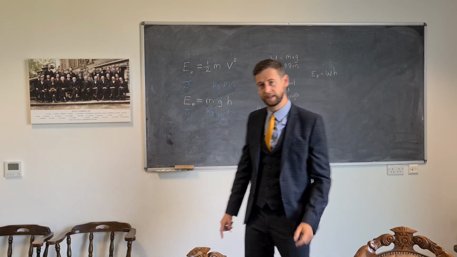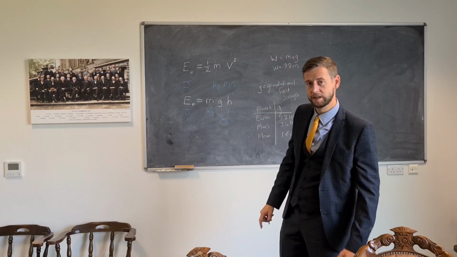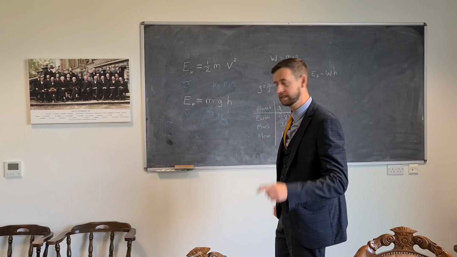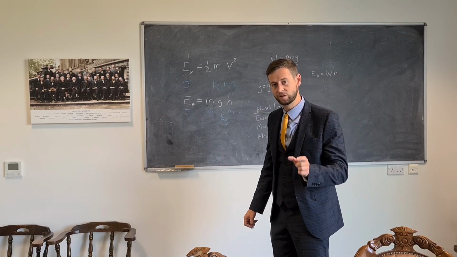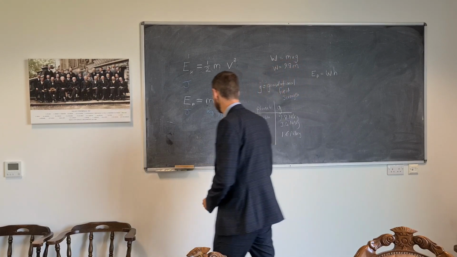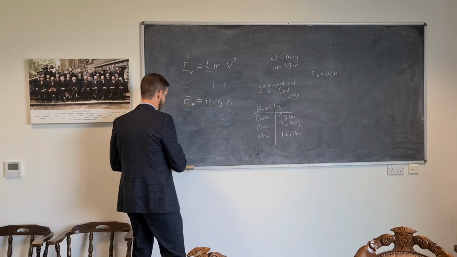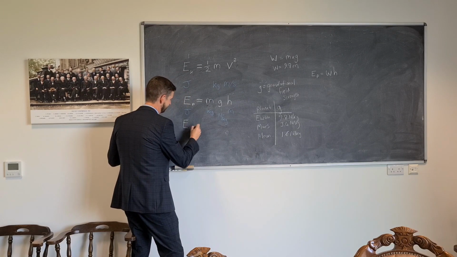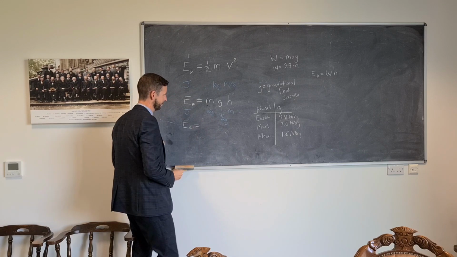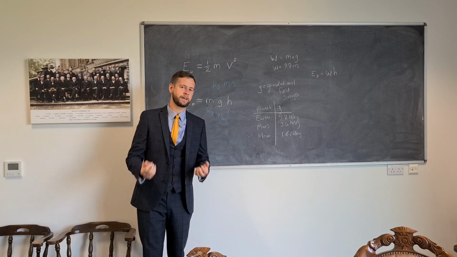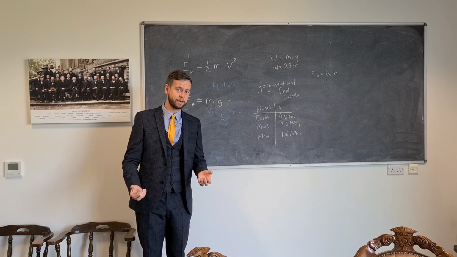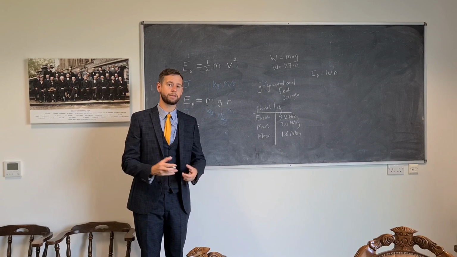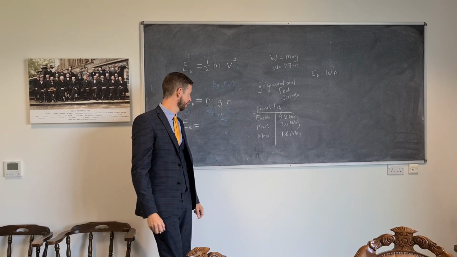Now there's one more energy store that the equation I should give you, and that is elastic potential energy. Elastic potential energy is E. Now, this is the type of energy stored up in a spring, or anything that is compressible that would resist that compression.